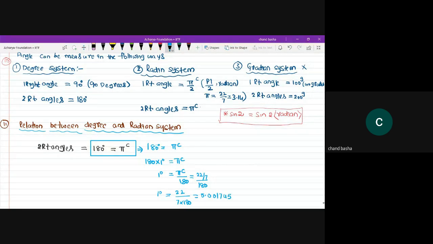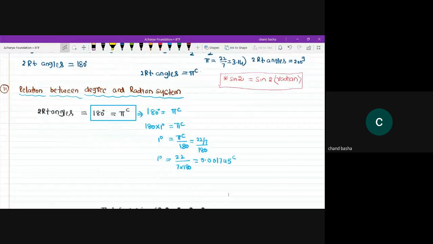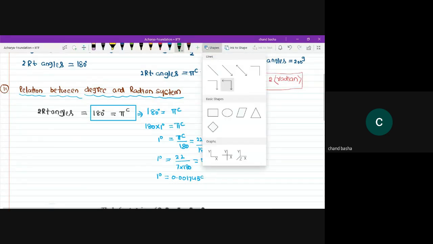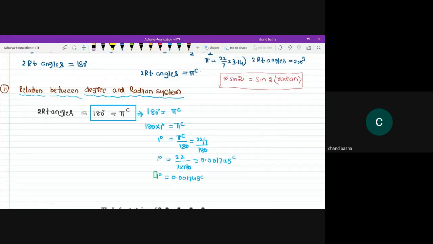Check your calculators. Clear? Remember, guys, this is one of the most important points to be noted.